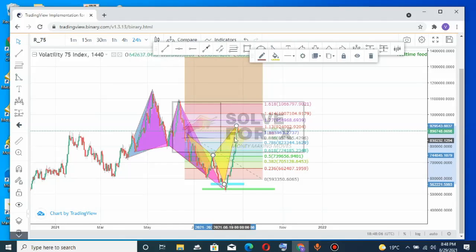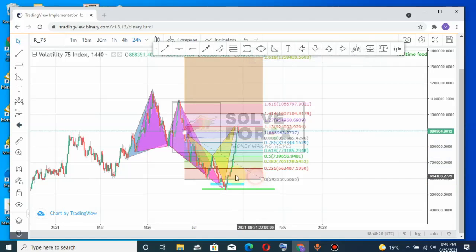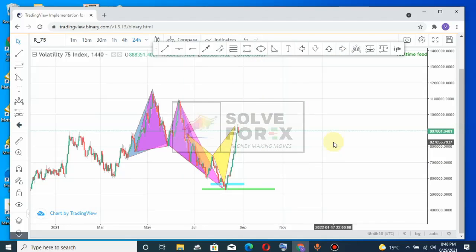The first one you must look for is the 886 D point, but if it breaks it, you must take it to 113. When you pull your fibs from the bottom, your D point must also go to 113 on top, which validates your shark pattern, guys.